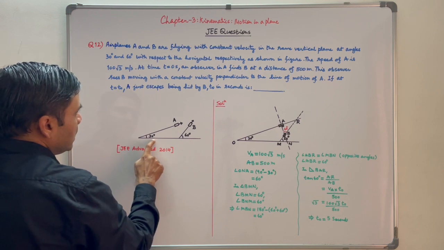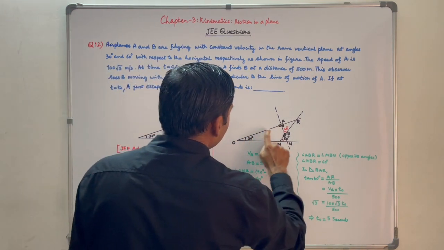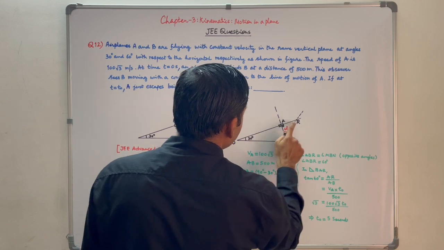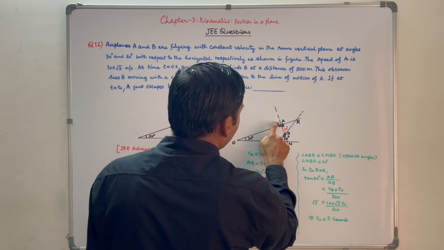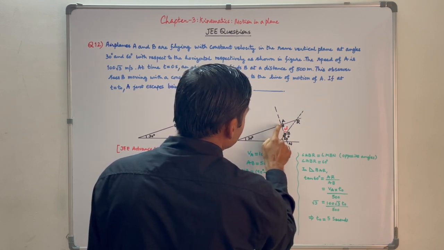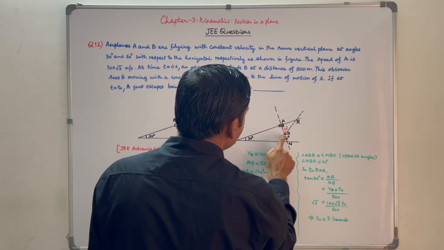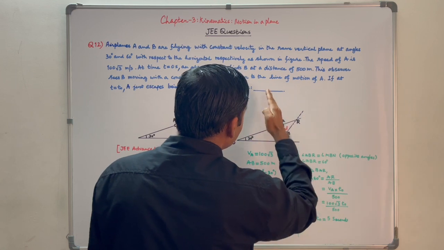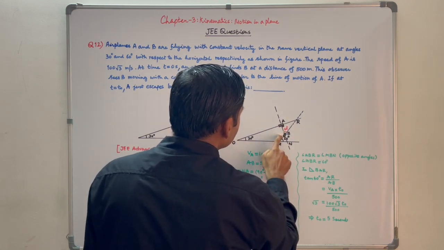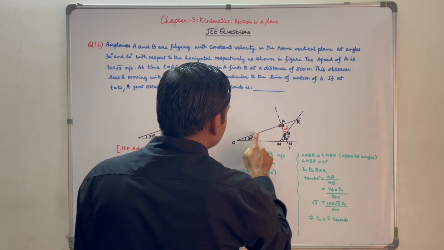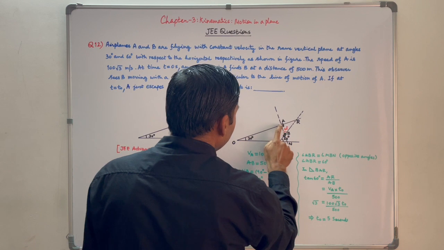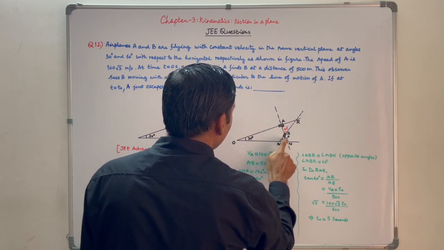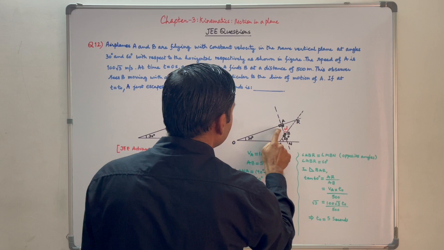As per this given figure, line of A is OAR and line of B is MBR. Now at t is equal to 0, observer in A sees B at a distance of 500 meters and at a line which is perpendicular to the line of A. So AB is given as 500 meters. Now in this right angle triangle, triangle AON, angle ANO is equal to 180 minus (30 plus 90).